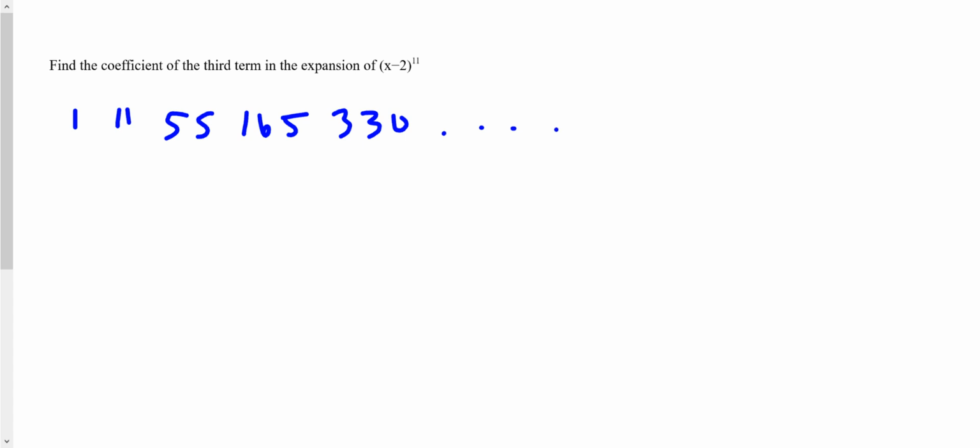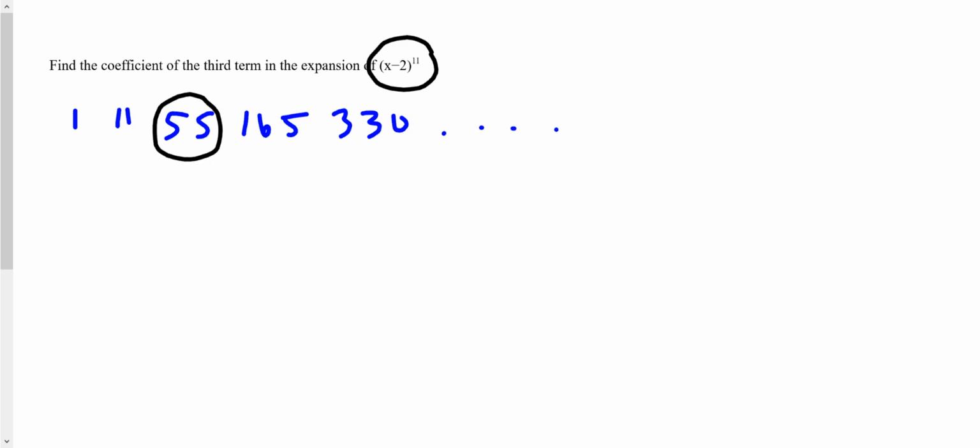So I'm looking for the third term. So I'm looking for this 55. That's going to be my coefficient at the beginning, but it's going to be a multiplier. So I need to multiply that by what I find from this. Now, the thing to keep in mind is because we're on the third coefficient, remember how we have these decreasing.